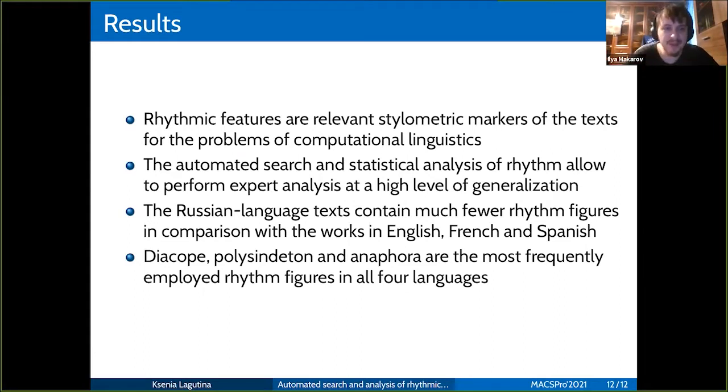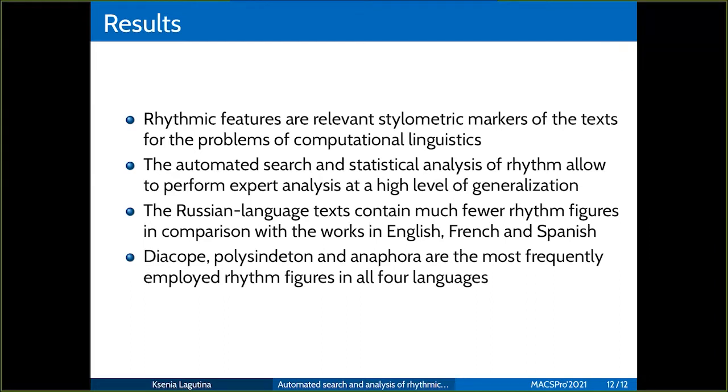That is my first question. And the second question: is it possible to apply some findings from your model, for example, to generating poems in a given style or given rhythm?